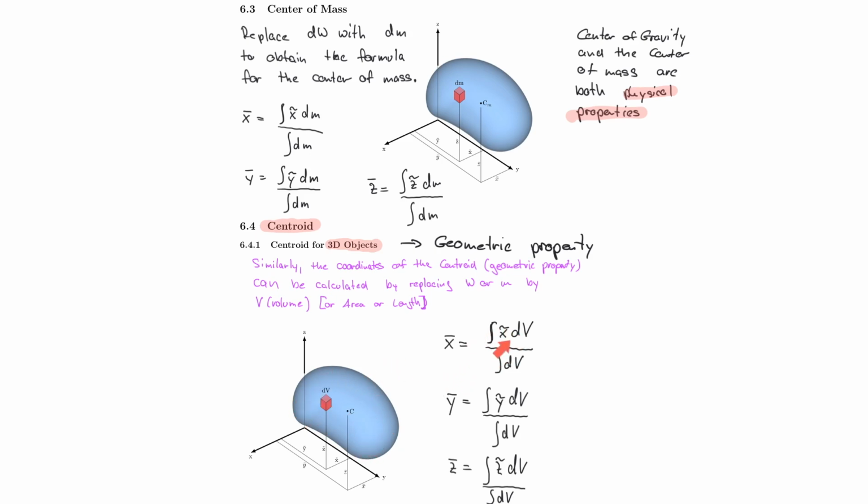And so for us here in this class, that's mostly what we'll be dealing with. In fact, we will take it one step further down, from dV to dA, but the derivation is the same one. And you also might have to deal with it in 3D here and there. So that's completely derived now, for physical properties and for geometric properties. And hopefully the difference between the two is clear now.